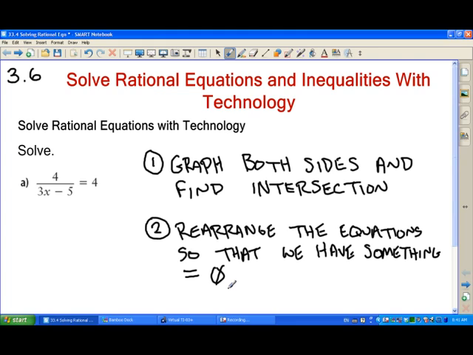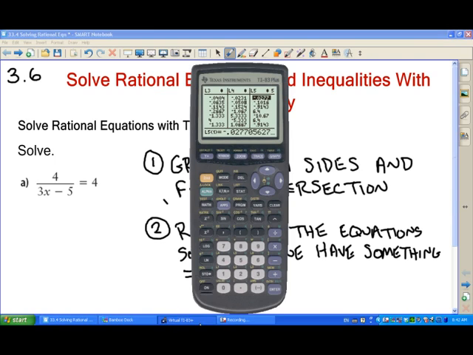I'm going to start example A by working on the graphing calculator and graphing both sides of the equation and finding the intersection. So make sure you've got your calculator loaded up. As usual, you always want to start by resetting the memory. You can see that on my calculator I've got some old work in here, and I don't want that to interfere with my solution.